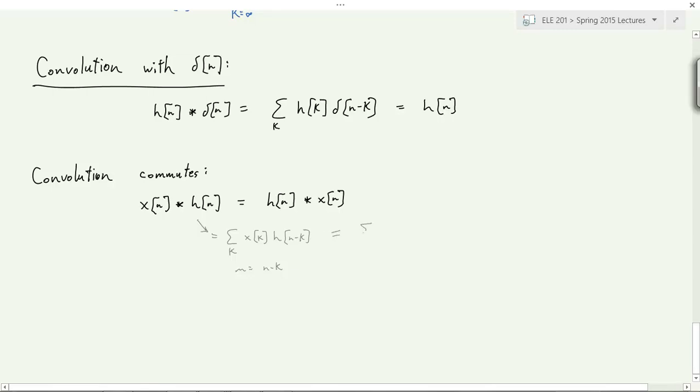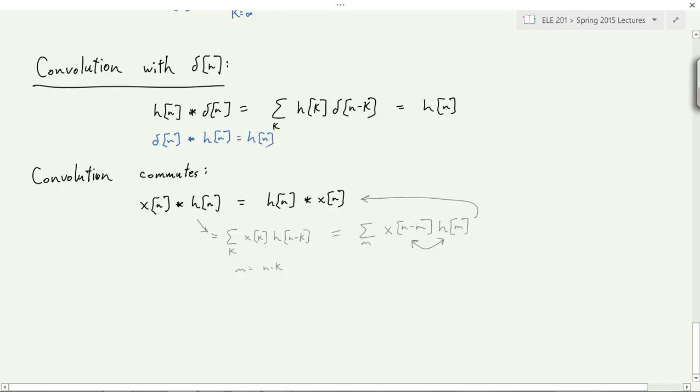So we have the sum over m of x of n minus m h of m. Switch these around here, and you'll see that's exactly the convolution formula above. Okay, so convolution commutes, which means we could have written this the way I wanted to actually write it, that delta of n convolved with h of n equals h of n.